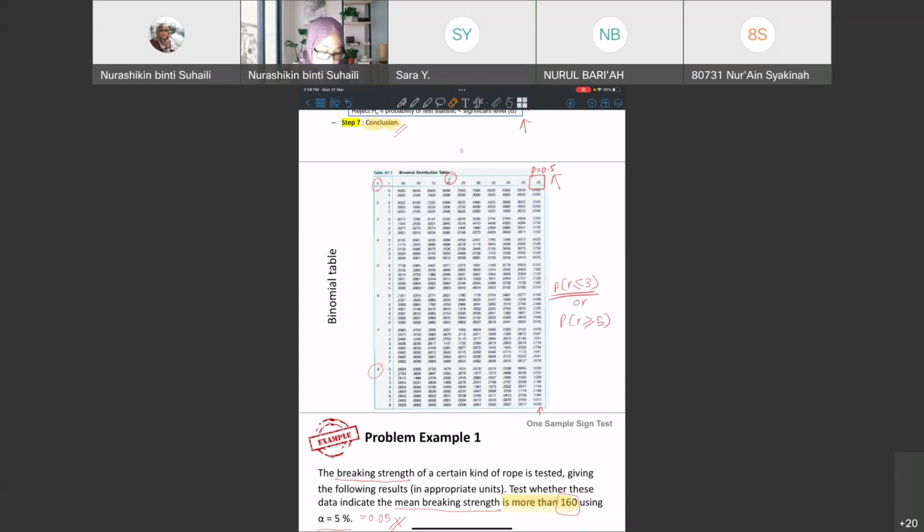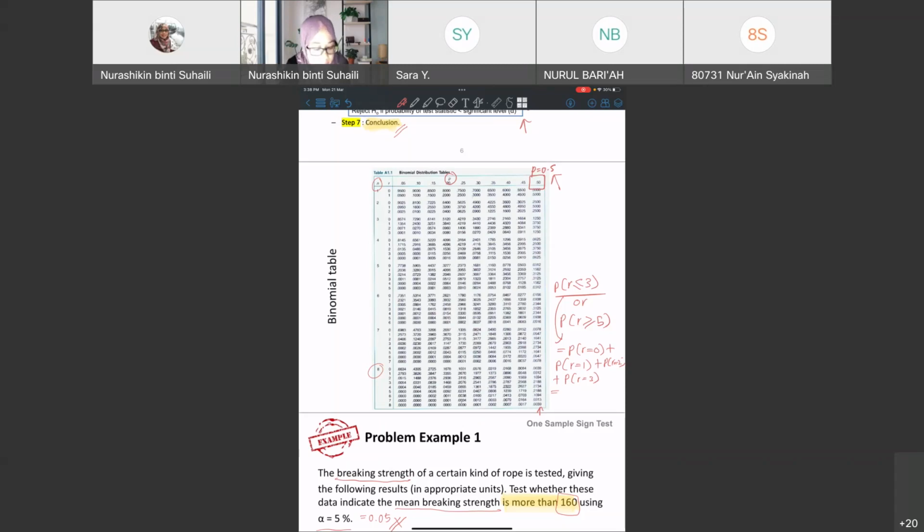So this one will actually be P(R equal to 0) plus P(R equal to 1) plus P(R equal to 2) plus P(R equal to 3). Okay, because it's 3 and below, kan. These are the values that you should look for, because now we want to determine the probability.